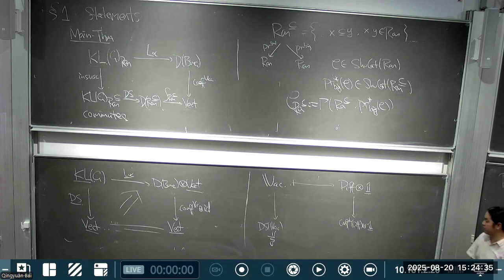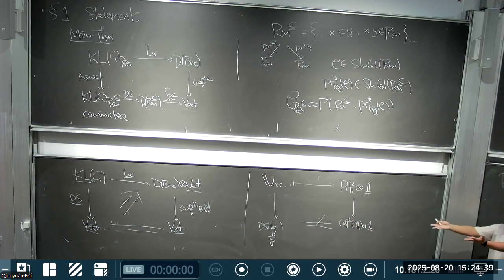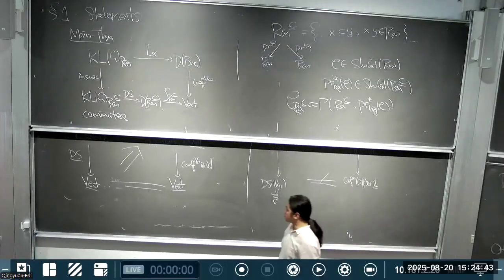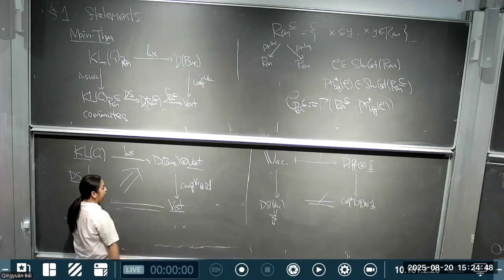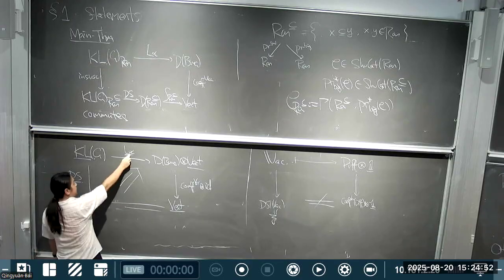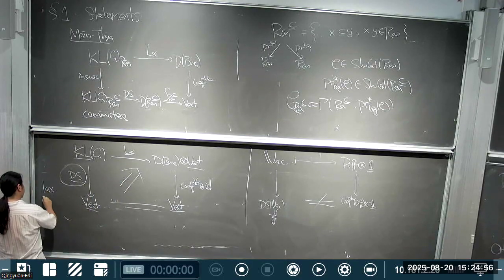So it's non-constant. Therefore, these two things can never be equal, because the left hand side is not constant, the right hand side is constant. Another way to say is this right vertical functor is definitely unital, but this thing is only non-unital.